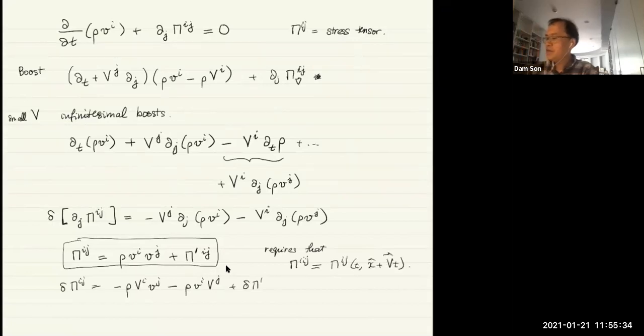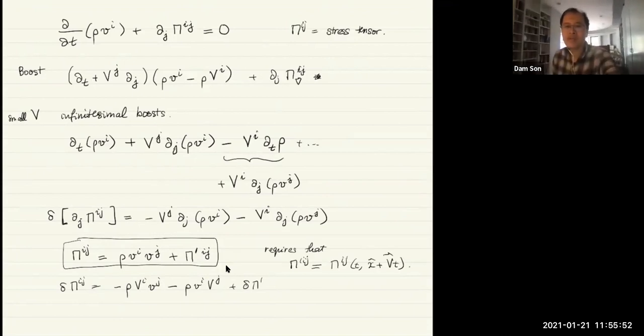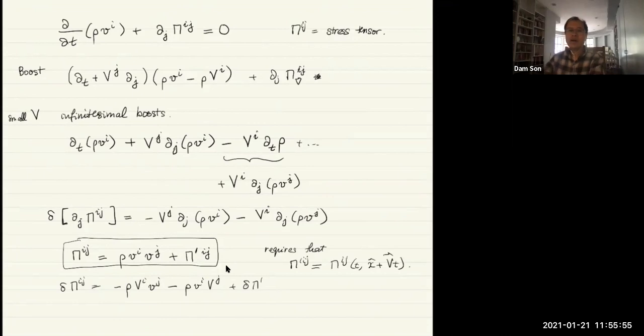It doesn't have anything else in its transformation law under Galilean boost. So we sometimes say that this pi ij prime has to be invariant under Galilean transformation, that it doesn't have this shift like the velocity would shift under Galilean boost. So using Galilean invariance, we can single out one particular contribution proportional to the velocity, this rho vi vj, in the stress tensor.